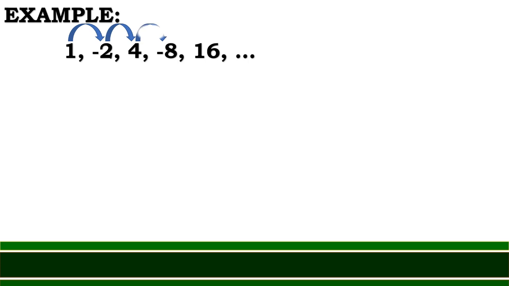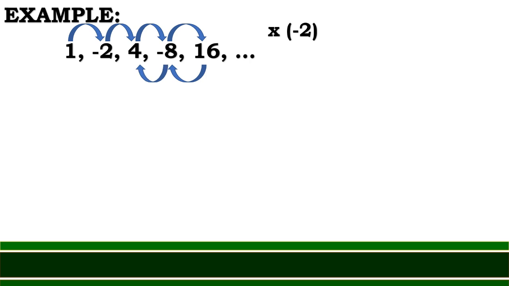Another example. How about this? Have you observed what happened to a given sequence? Okay. Now, if you're going to identify the patterns for this sequence, this is multiplied by -2. Okay. So, kung multiplied by -2 ang nangyari sa kanya, it means instead of subtracting the terms, we are going to divide.